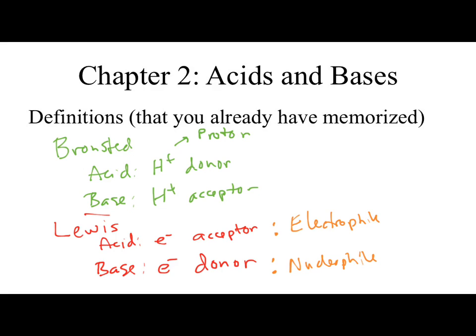Okay, the conjugate base of a strong acid, so let's pick a strong acid like HI. If this acts as a strong acid, it's going to give up H plus and I minus.